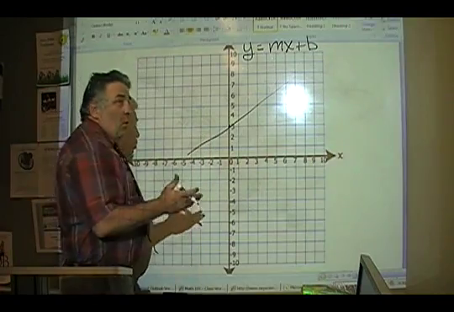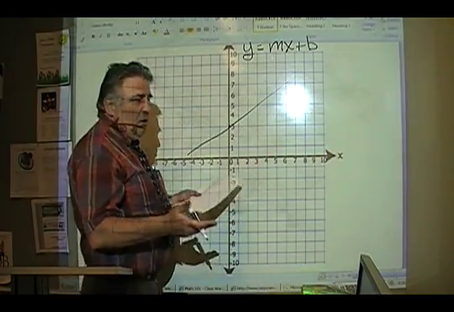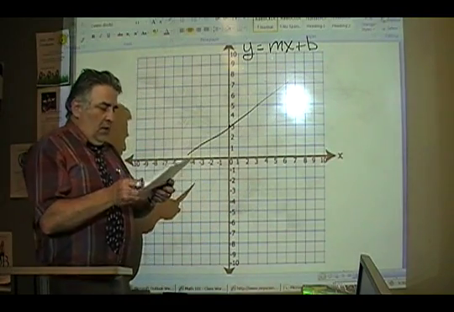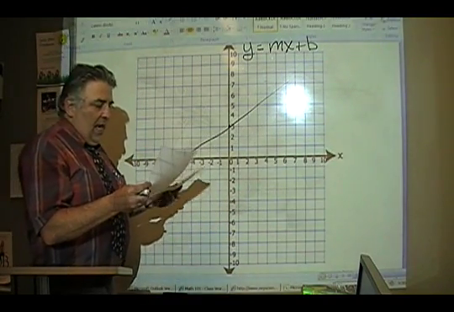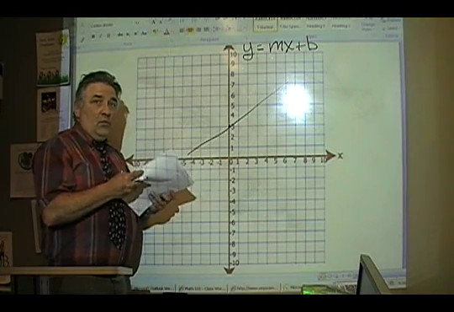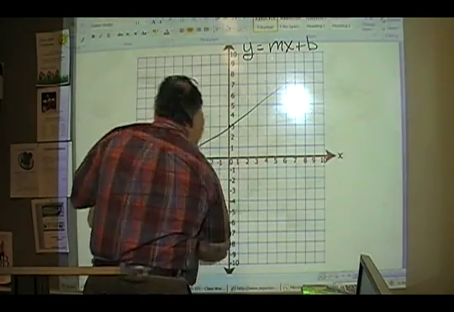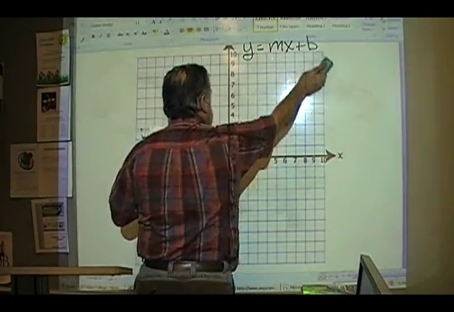So in this case, where it crosses the y-axis is at 3. That's all they're really asking for with this problem. So number 2, the answer is A: c equals 3. The y-intercept is 3.